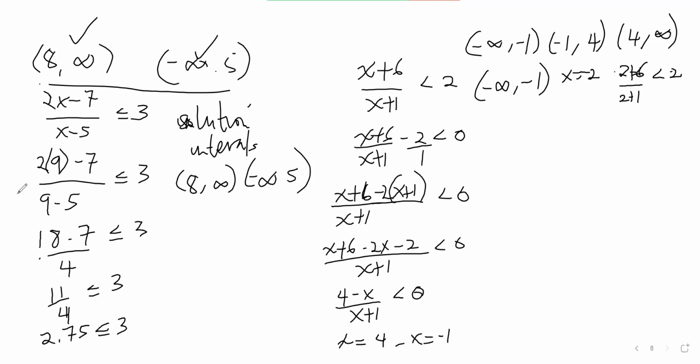In this range, we have negative. So we have positive and negative. Are they less than 2? So that will give us 4 and that will give us -1. Is it less than 2? Yes. -4 is less than 2. So that is correct. This interval is correct.